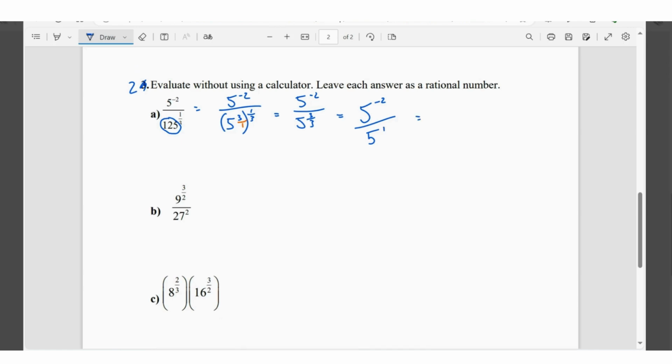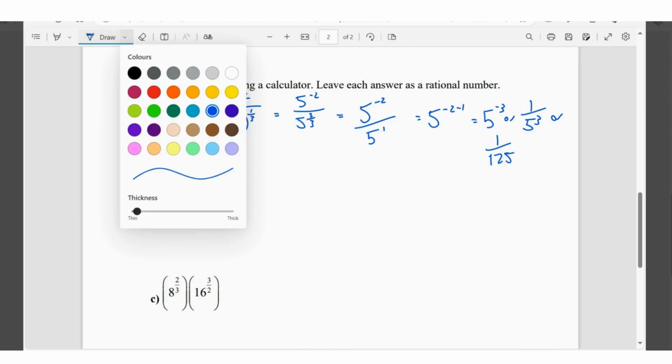And now we have 5 to the negative 2, subtract 1. I'll show you that step. 5 to the negative 2, subtract 1. So we have 5 to the negative 3, or 1 over 5 to the 3, or I've got some room here, 1 over 125. That's our final answer.